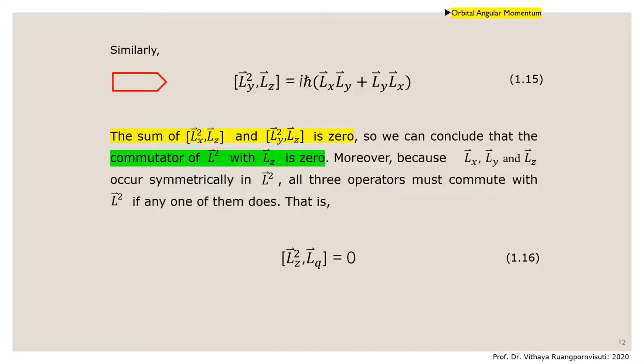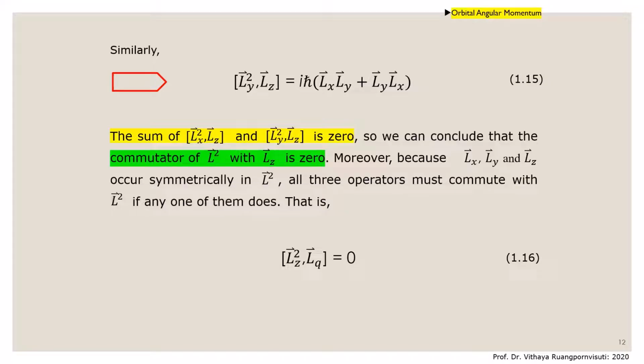Moreover, because Lx, Ly, and Lz occur symmetrically in L squared, all three operators must commute with L squared, if any one of them does.